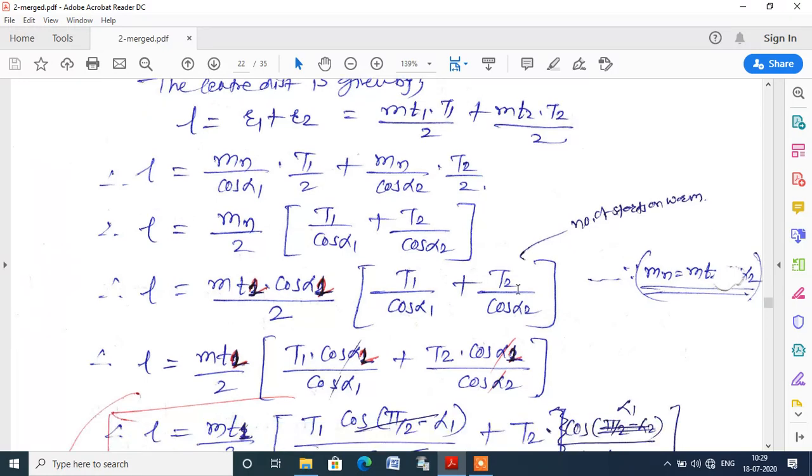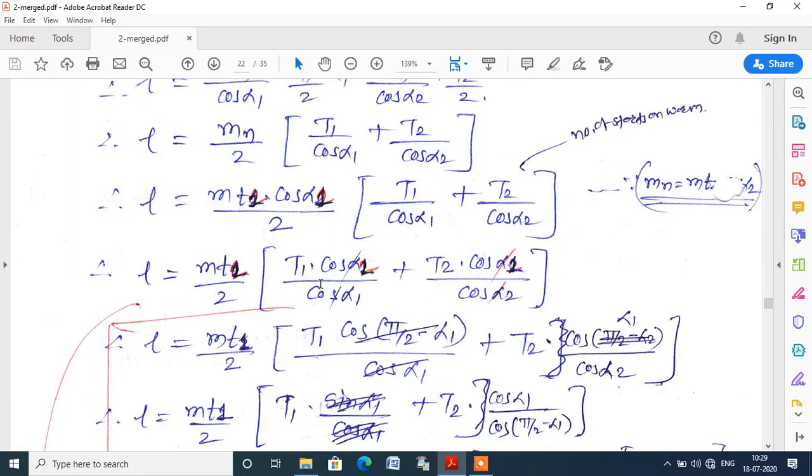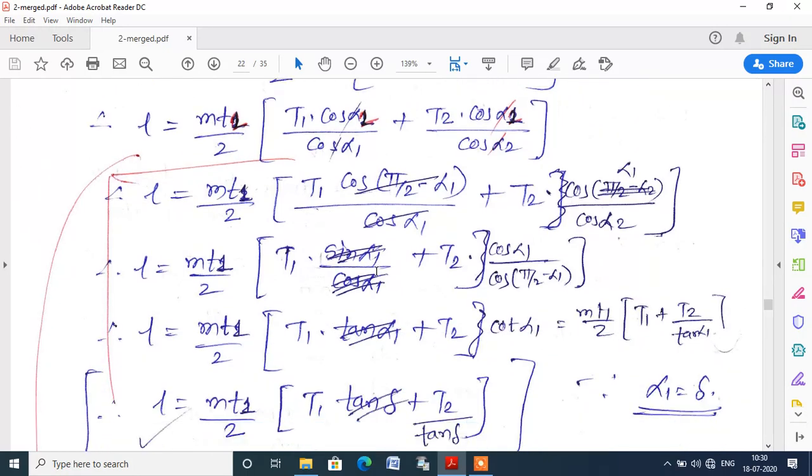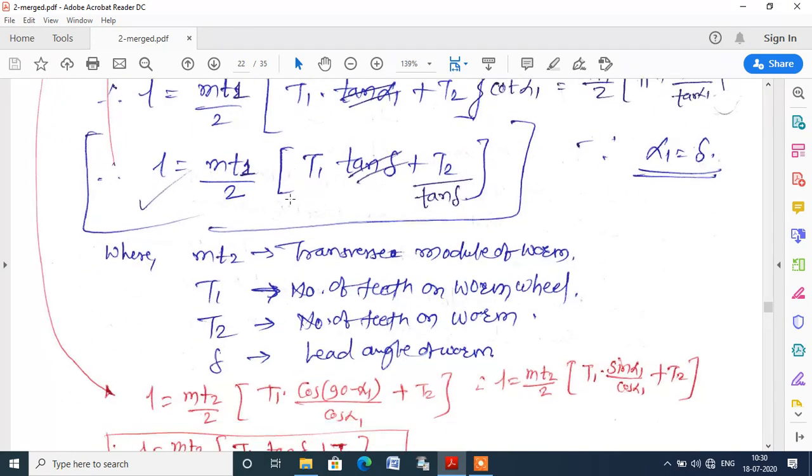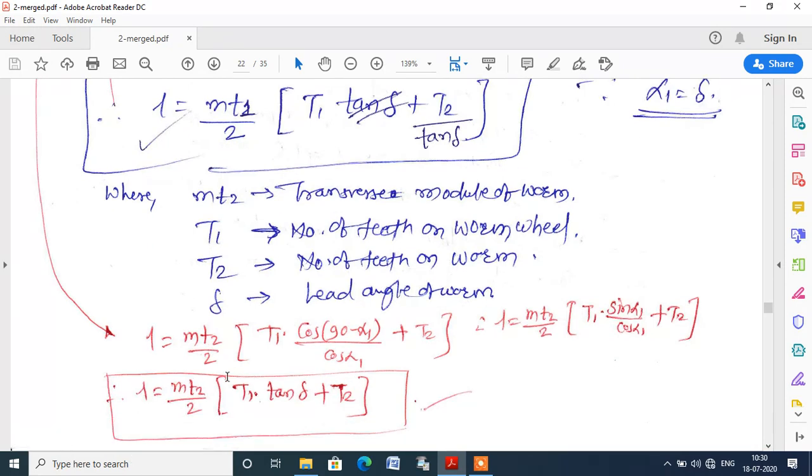T2 is nothing but the number of starts on the worm. So we will get Mt2 by 2, and by making a common denominator, multiplying numerator and doing the calculation, we will get Mt2 by 2 into T1 by cos of 90 minus alpha 1 upon cos alpha 1 plus T2. So finally we will get Mt2, where cos 90 minus theta is equal to sin theta.